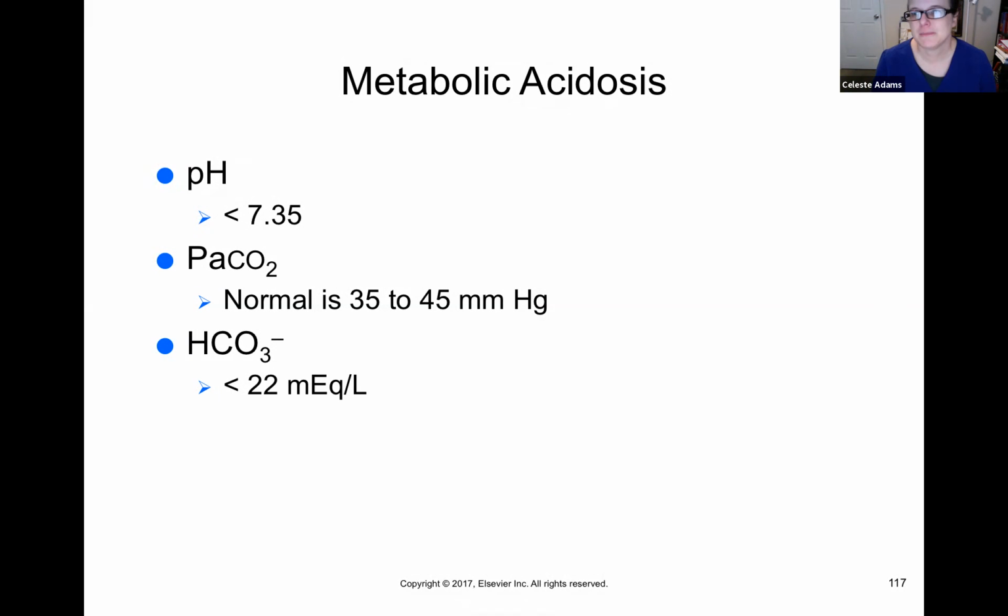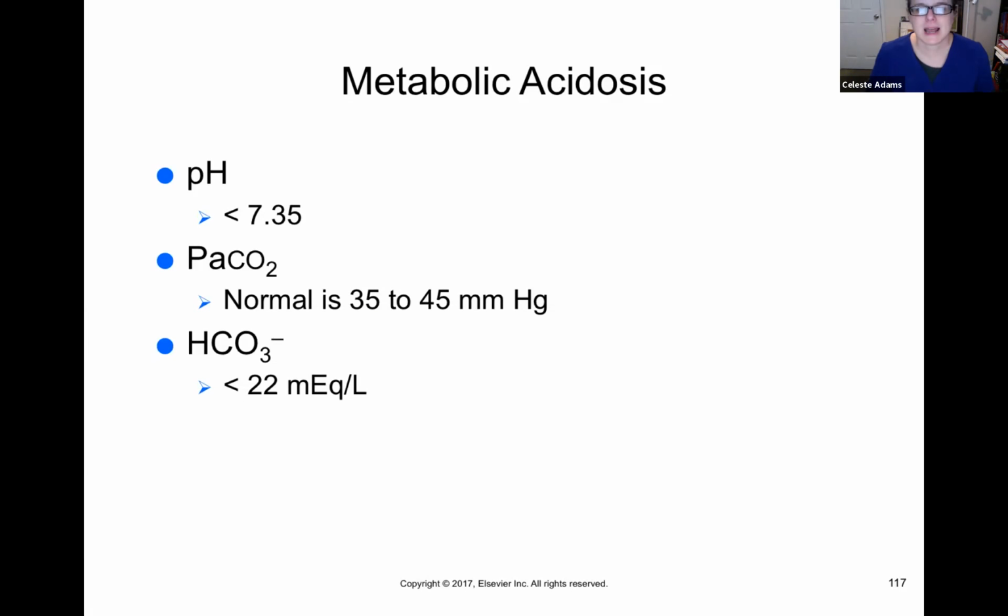You don't have enough base. In metabolic acidosis, you're lacking base. You may have a little bit too much acid, but your problem, because it's metabolic, and we think metabolic equals kidneys equals base, is that you don't have enough base.